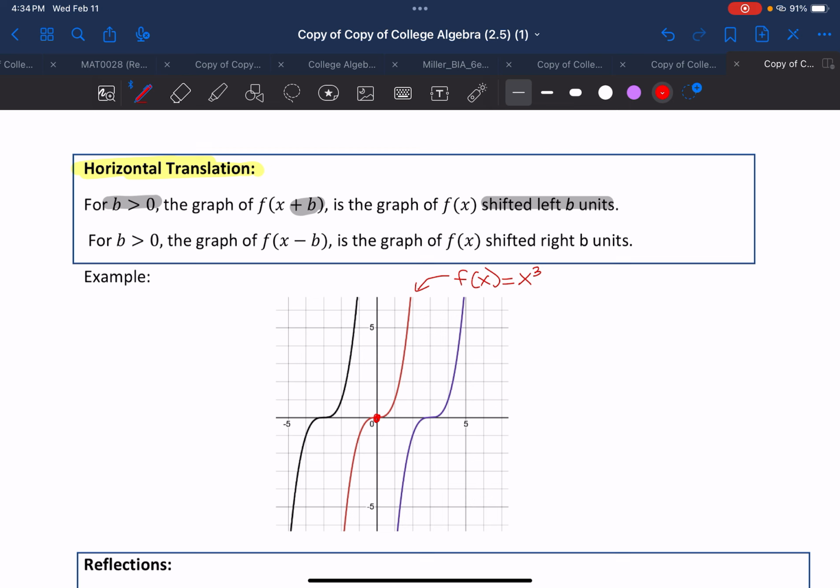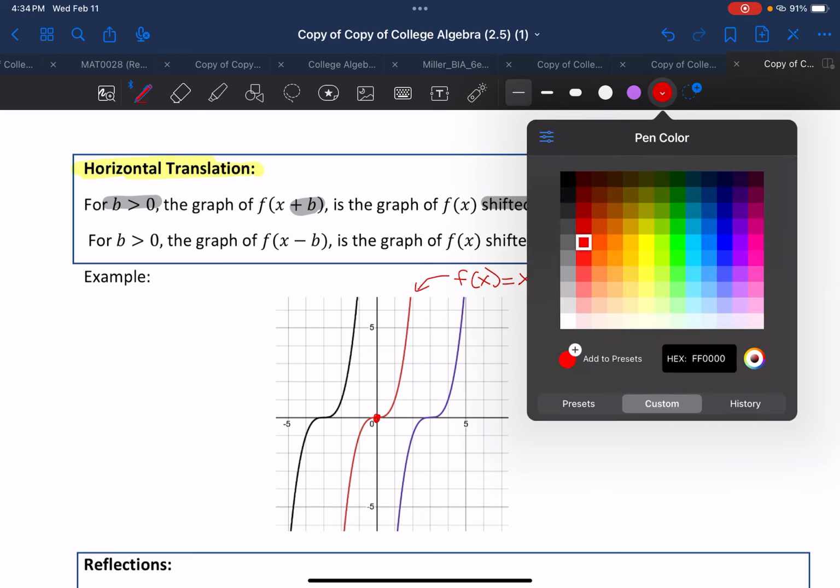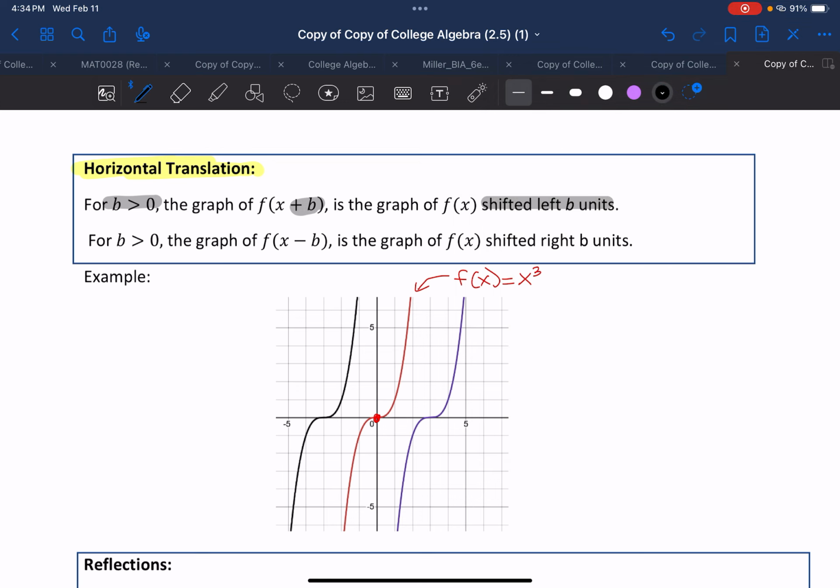And the one in black has been shifted to the left 3 units. Because if you look at the one at the origin in the red right here, then I would have to count to the left 1, 2, 3 to get to that new point. So that one in black has been shifted to the left 3 units.